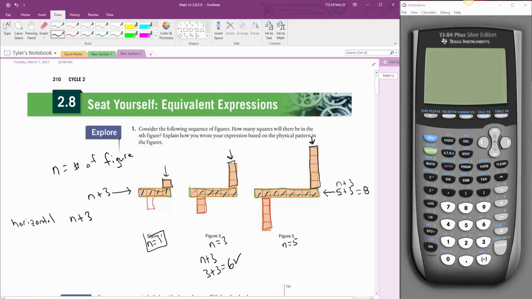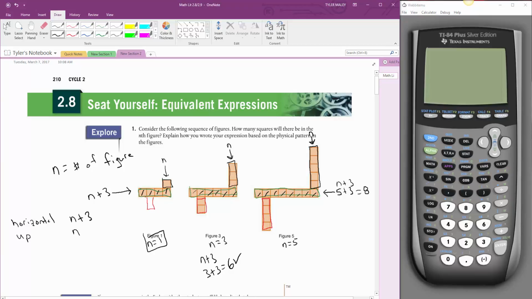When n is 1, I have 1 block here. When n is 3, I have 1, 2, 3 blocks. When n is 5, I have 1, 2, 3, 4, 5. So that would tell me that the grouping of squares that go up appears to be just n blocks, right?